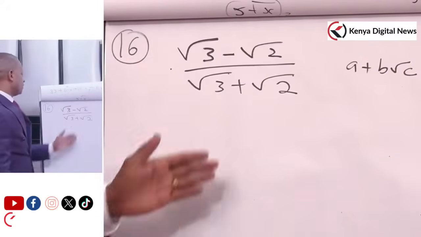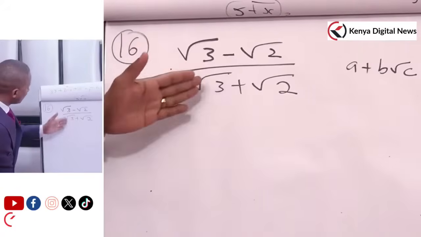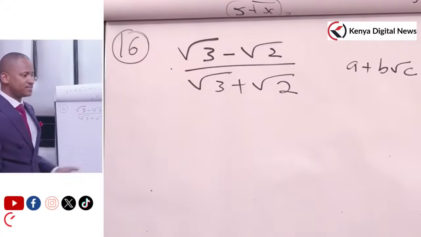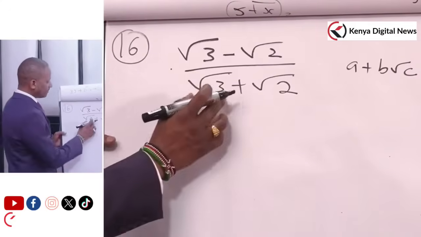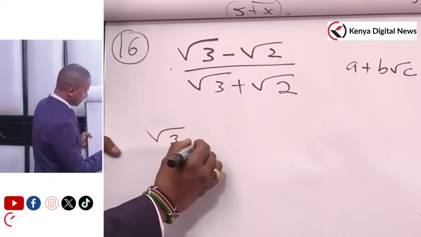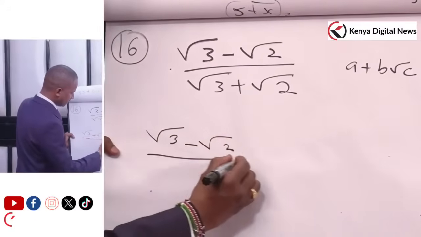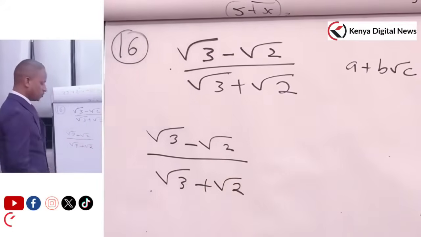Now, class, when you see this, it is surds. So when you are simplifying by rationalizing the denominator, rewrite this: root 3 minus root 2 divided by root 3 plus root 2.